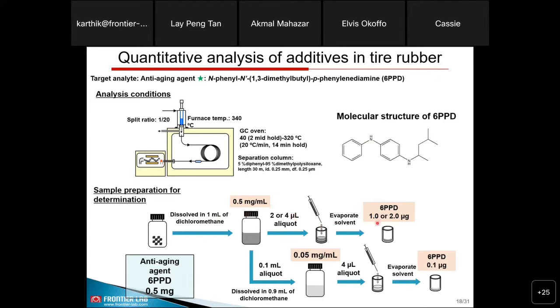That can lead to absolute amounts of 1 microgram, 2 microgram, and 0.1 microgram. These are the three different concentrations that we will use for establishing a calibration graph.